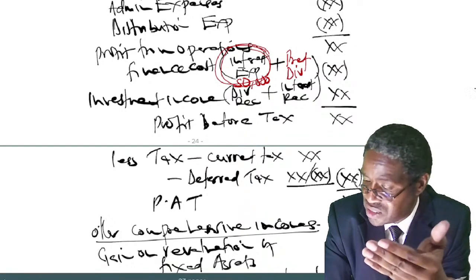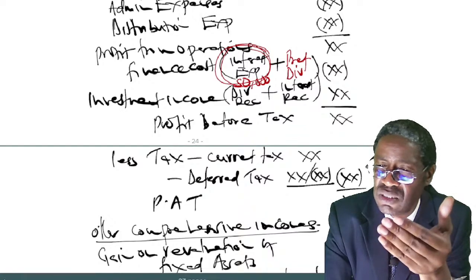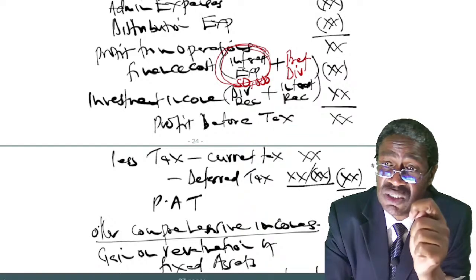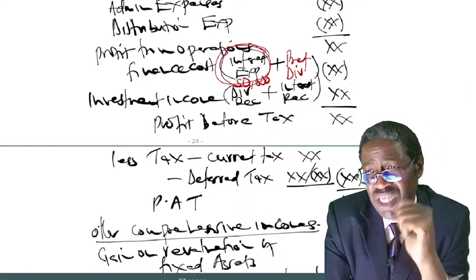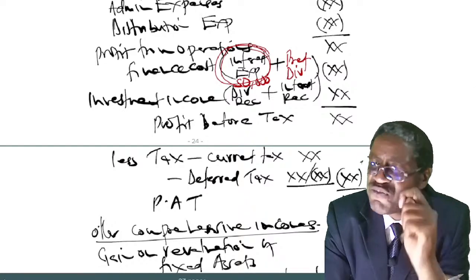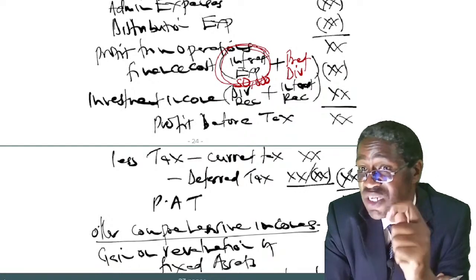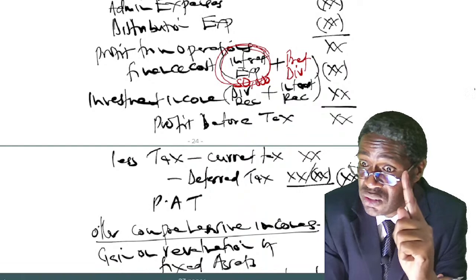Then we have discussed how we treat their dividends. I've told you, for preference shares, if they are redeemable, then the preference dividends on redeemable preference shares are classified as a finance cost.